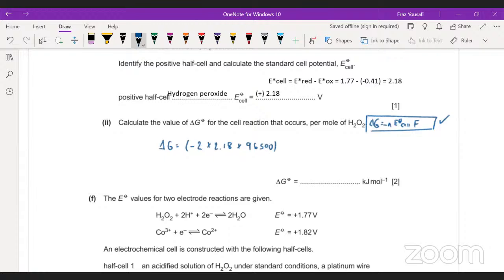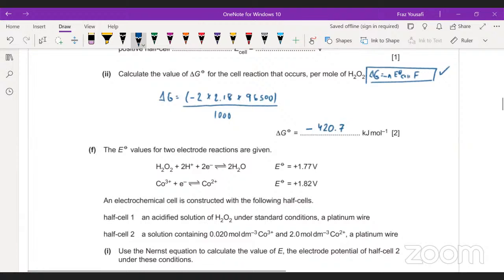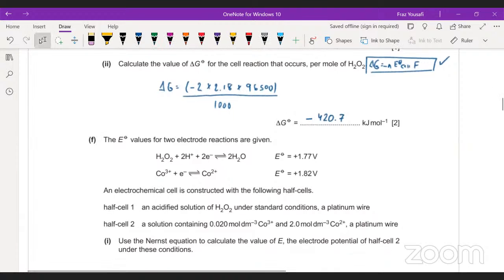Now, this value will come out to be fairly large. But because we want to solve it out in kilojoules per mole, we're going to divide by 1,000 because the answer you get will be in joules per mole. And you get this numerical value, negative 420.7 kilojoules per mole. All right, that's the idea that we're looking at.